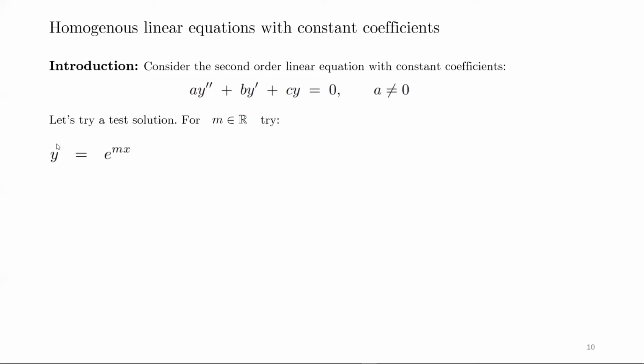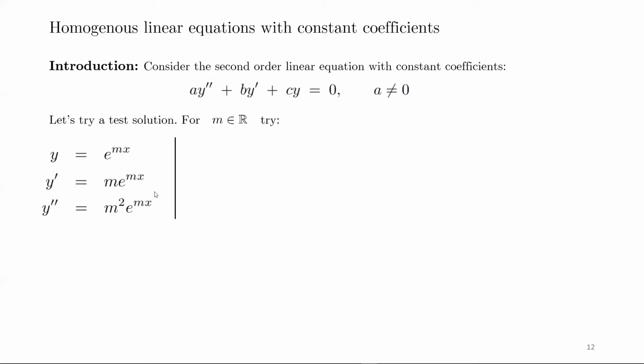Let's take the two derivatives of this function y. We have y prime is equal to m e to the mx. We just write the function e to the mx and multiply it by the derivative of the exponent. Similarly, the second derivative is m squared e to the mx.